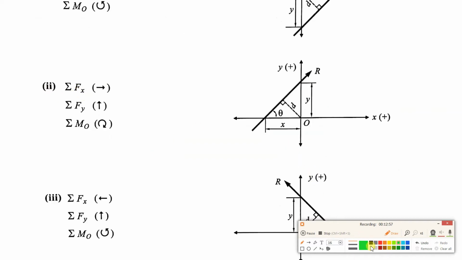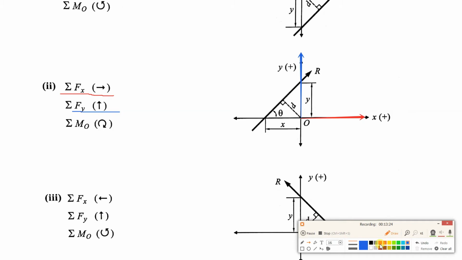So we'll see some other example now. What is given over here? Fx is in which direction? Right side. So you have to draw Fx towards the right side. Next, Fy. What is the direction? Upward. So I'll draw an arrow from origin to the upward side. Okay, positive y.